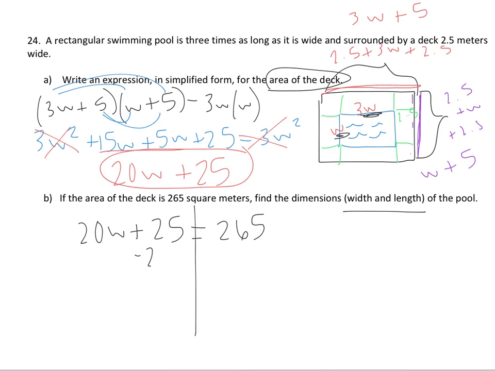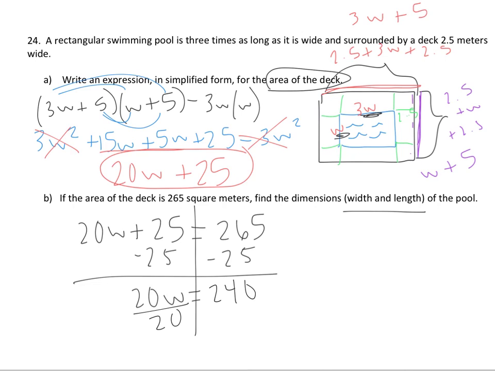I'm going to subtract 25, and get 20W equals 240. And then now I'm going to divide by 20, and 240 divided by 20 is 12. So I get W for the width is equal to 12.